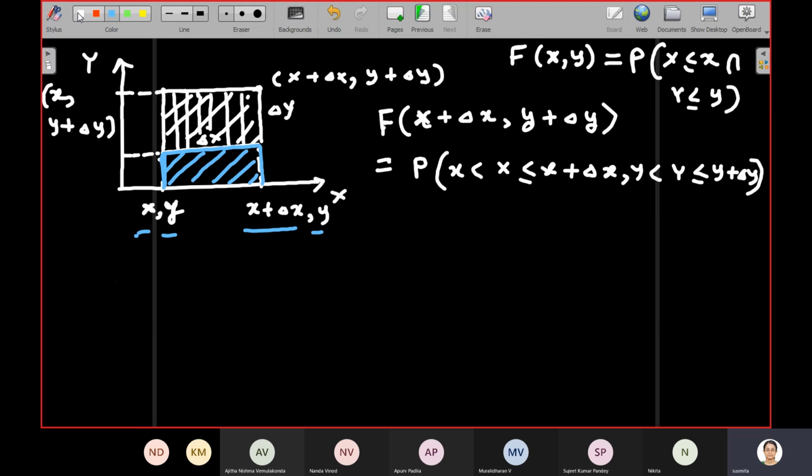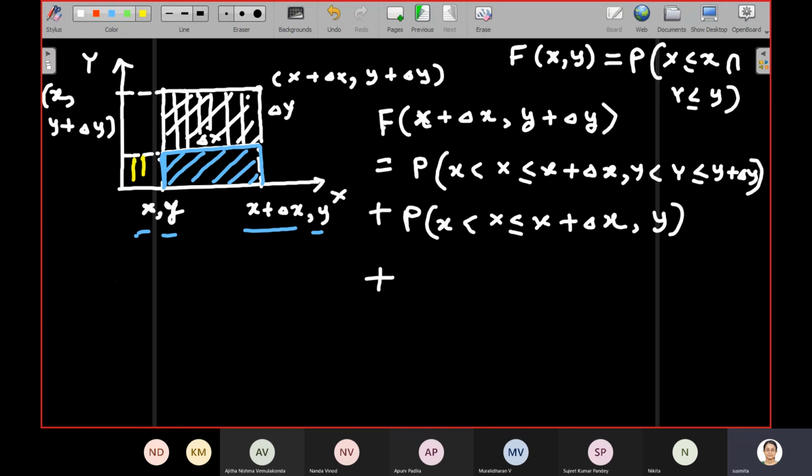So let's write the corresponding probability. So it is P, y is not changed.